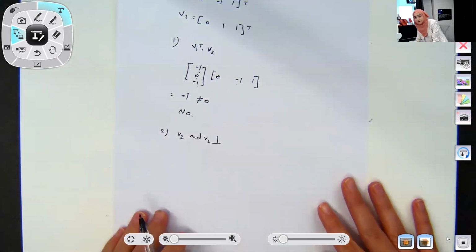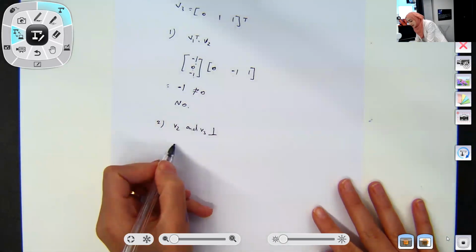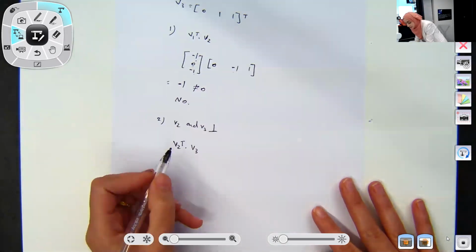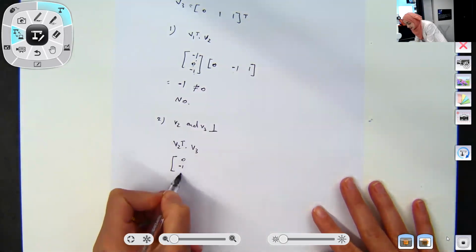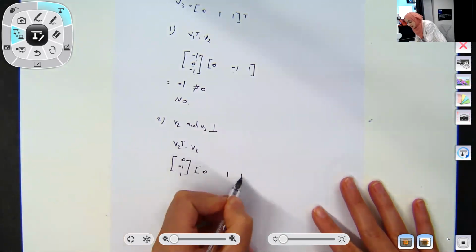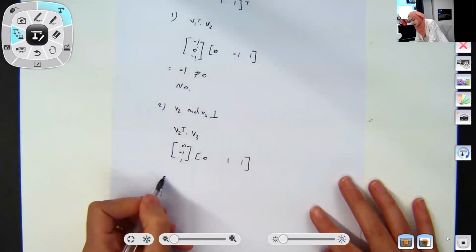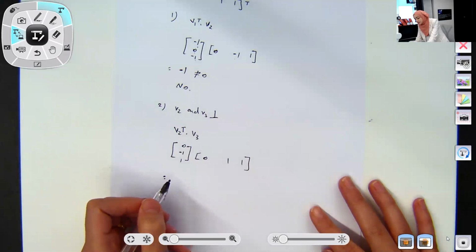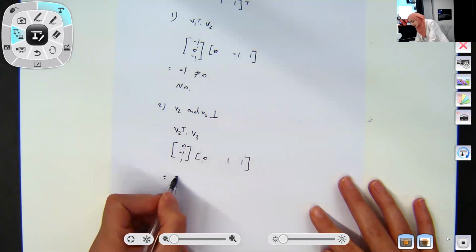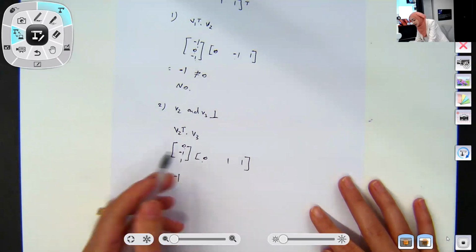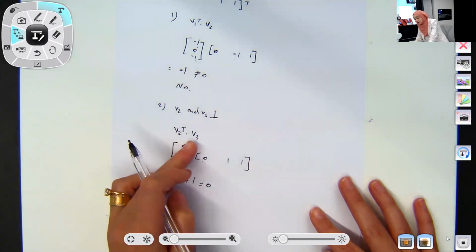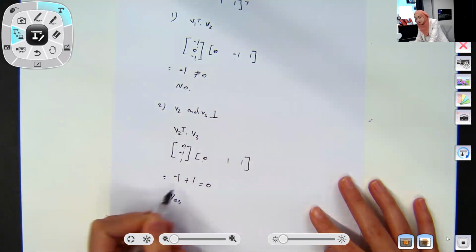To test if v2 and v3 are orthogonal, we need to find an inner product between v2 transpose and v3. v2 equals (0, -1, 1), multiplied with v3, which equals (0, 1, 1). Let's try to find an inner product between v2 and v3. 0 times 0 is 0, -1 times 1 equals -1, 1 times 1 is 1, and -1 plus 1 equals 0. So v2 and v3 are orthogonal. So the answer is yes, because we get 0.